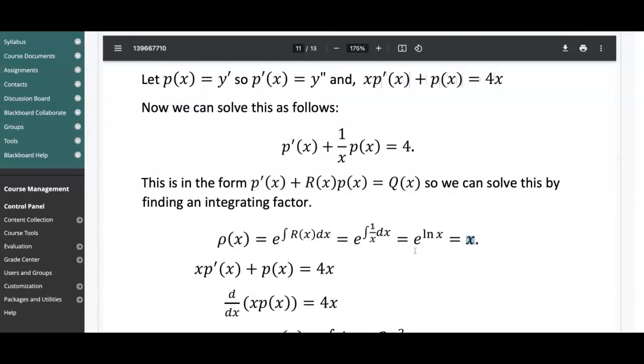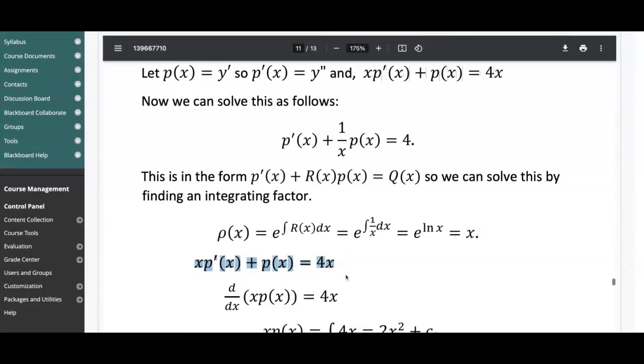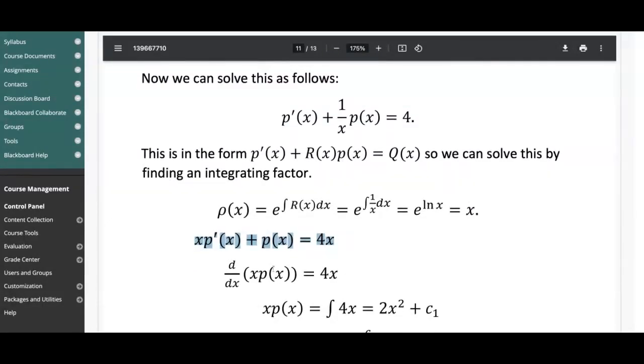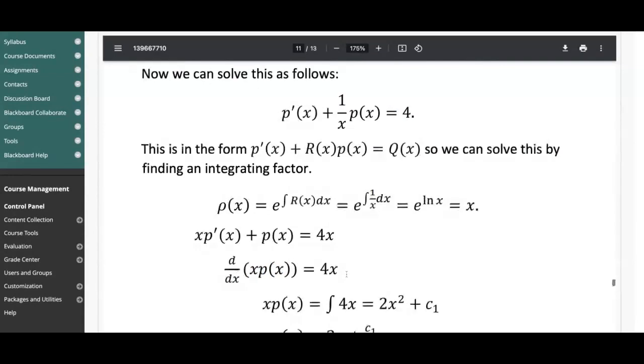So I have found our integrating factor. Multiply every term in the first order differential equation by the integrating factor. And then we know the left hand side is the derivative of x times p. That equals 4x.